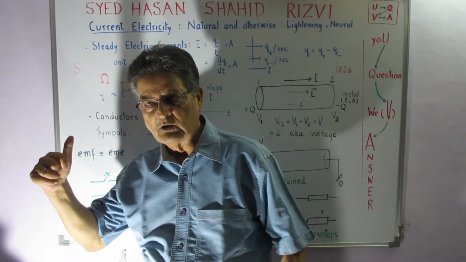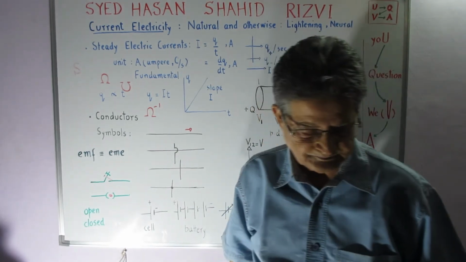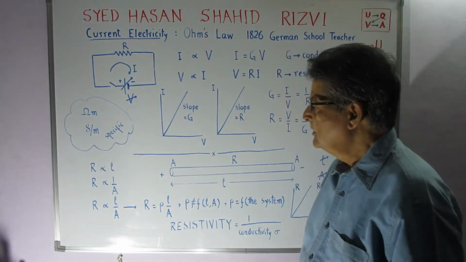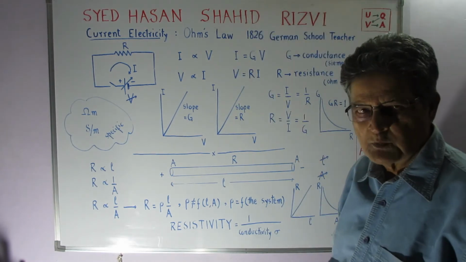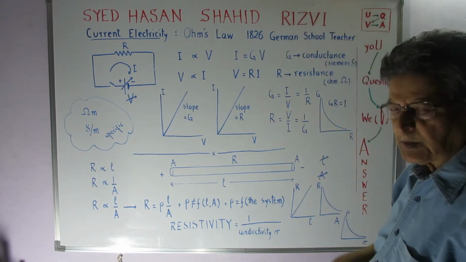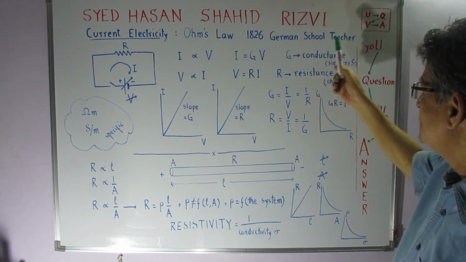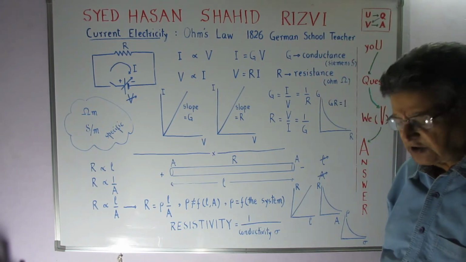I'll just tell you about Ohm's law and beyond. So the beautiful, lovely Ohm's law was given in 1826 probably by a German school teacher by the name of Simon Ohm. You can check that.